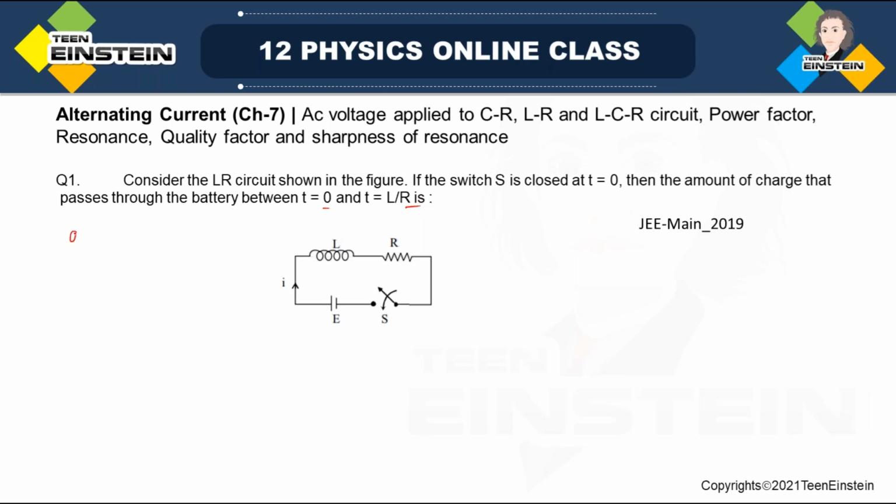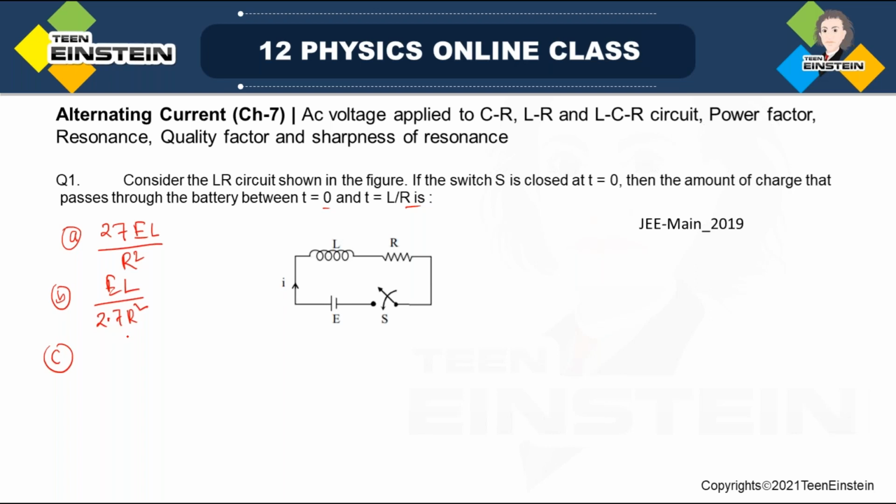I'll just mention the options given here. The first option is 2.7 EL by R square. Here L is self-inductance, E is the EMF of the battery. Then option B is EL by 2.7 R square.